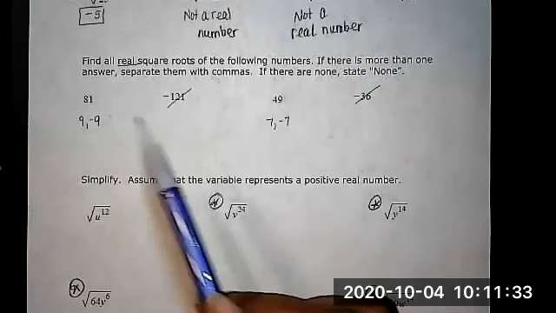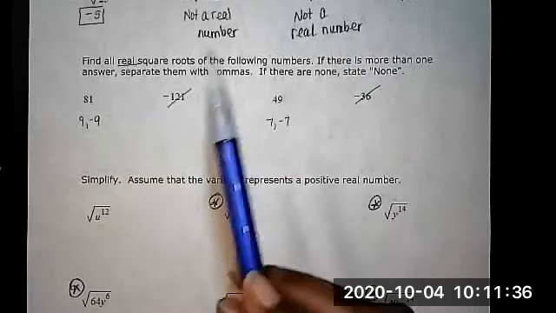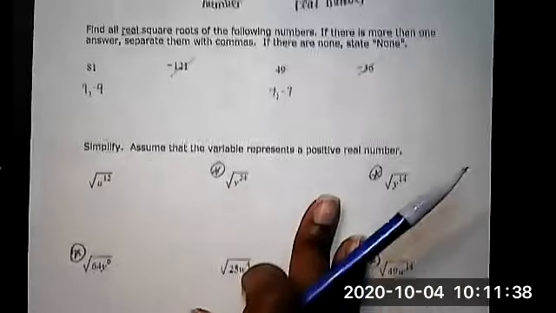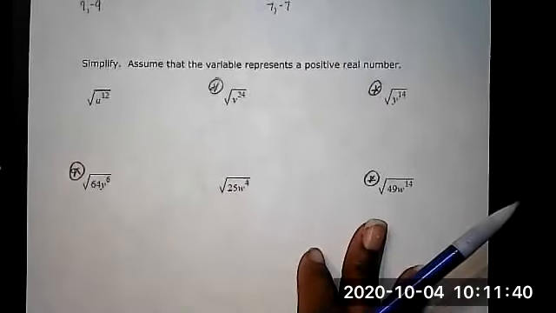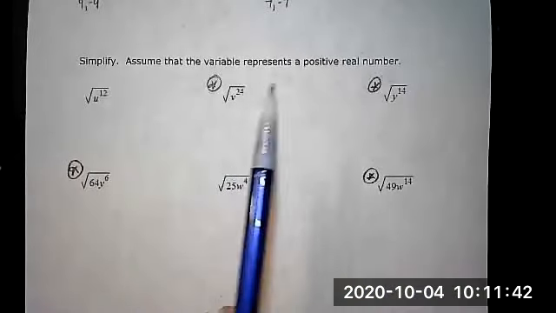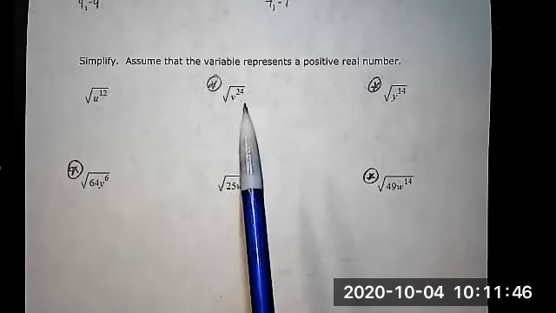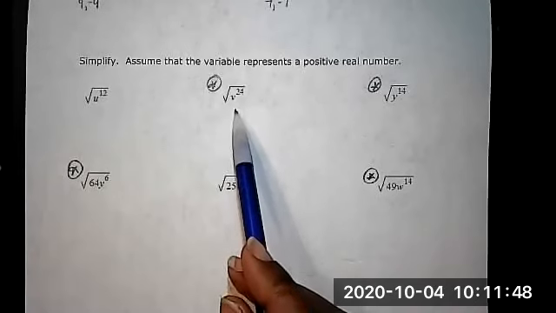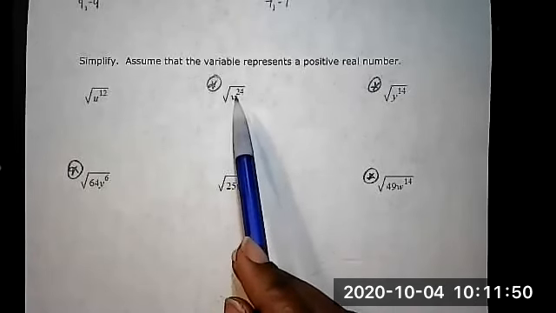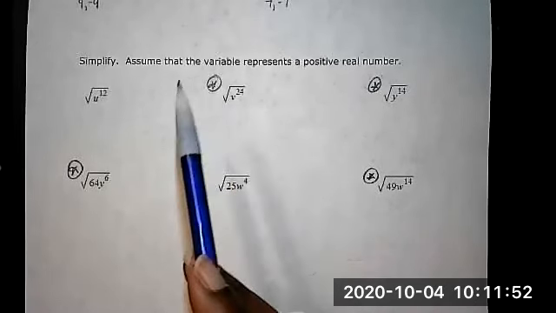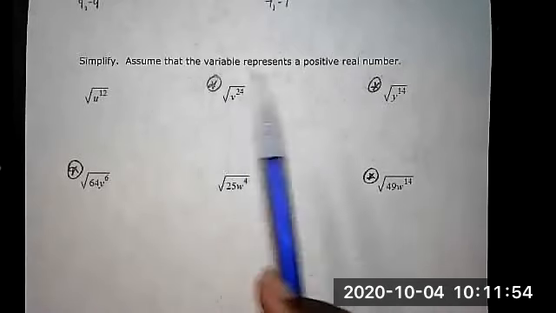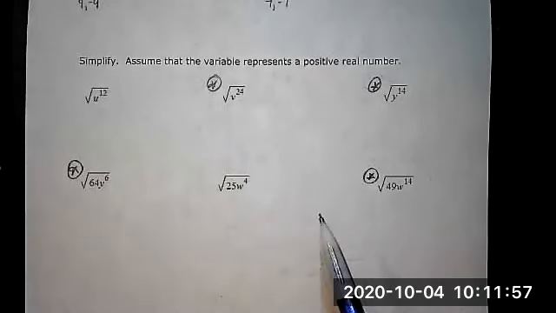Because later on you're going to have to do something with that. But right now it says assume the variable represents a positive number and you have basically these exponents up here going on. When you have a square root, and I want to stress this for square root, because if you have cube root, it'd be kind of like the same.